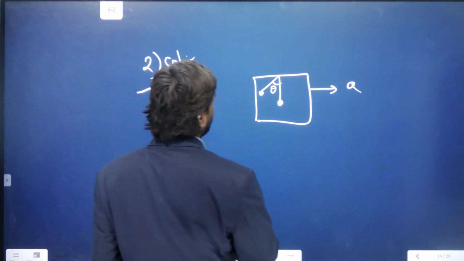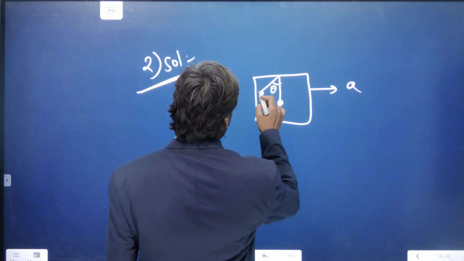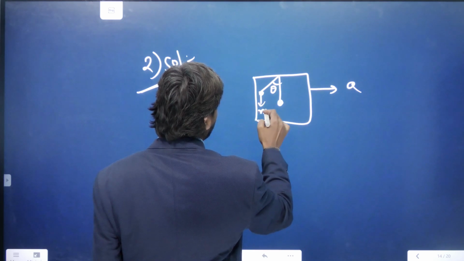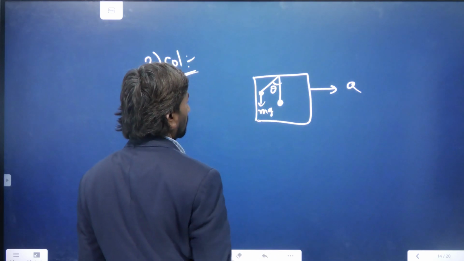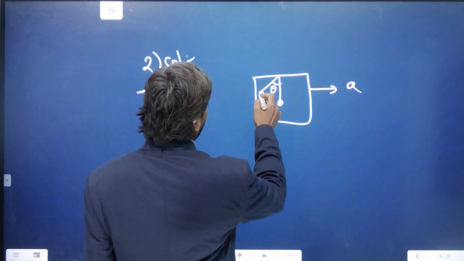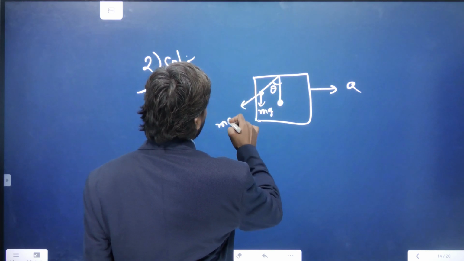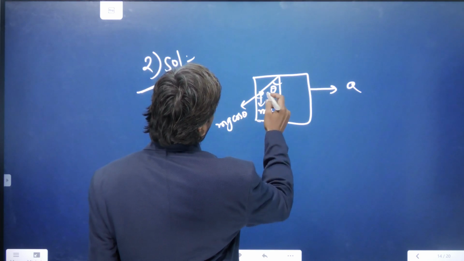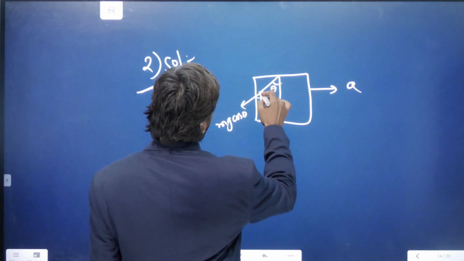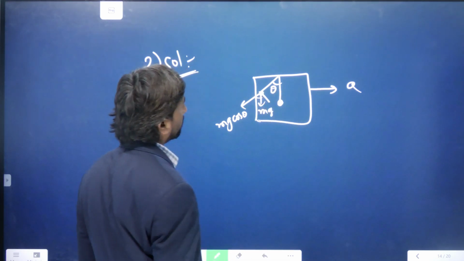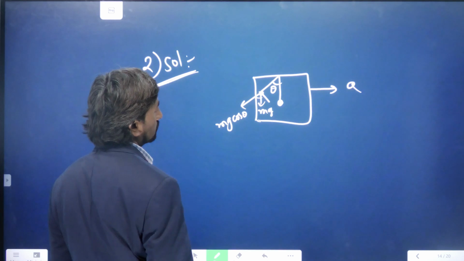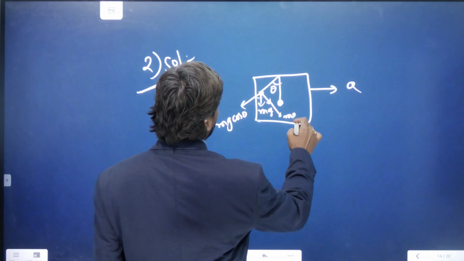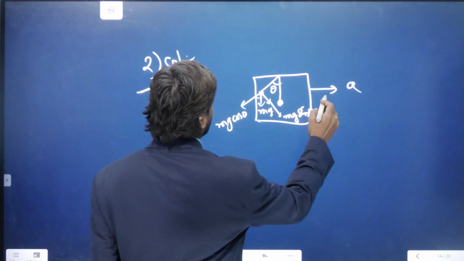And now at equilibrium, the body is moving with this acceleration. The weight will act in the downward direction, mg. If this is theta, then this also will be theta. So mg cos theta we can write here, and perpendicular to this, mg sin theta.